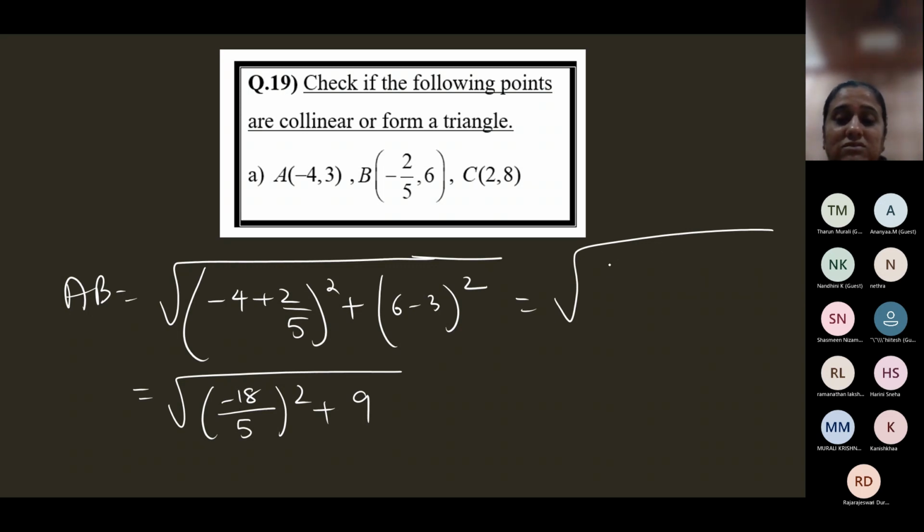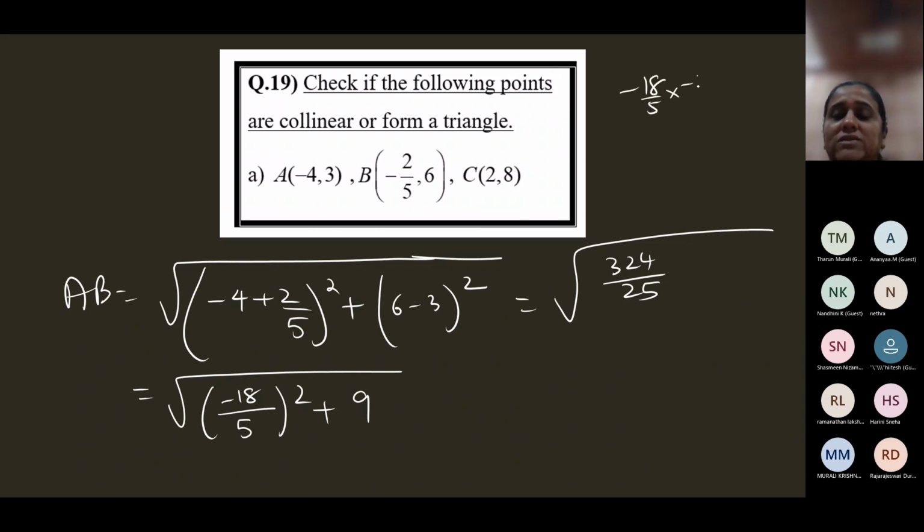What are 18 18s, children? 18 18s are 324, right? So 324 by 25, since -18 by 5 into -18 by 5, minus into minus is plus. 5 5s are 25. Plus 9.